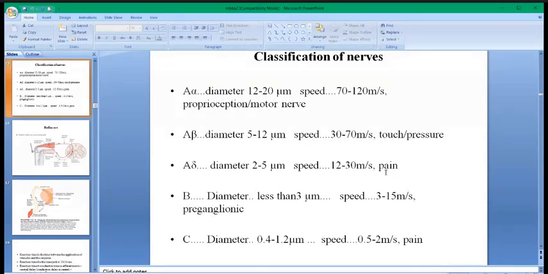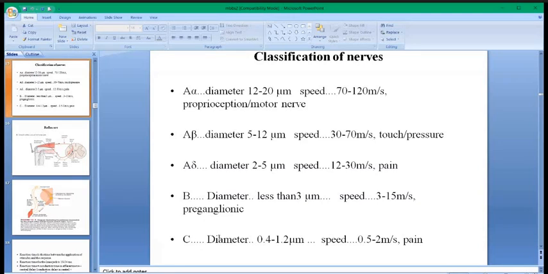It carries pain. Which pain? Fast pain, localized pain, right? B fiber, diameter is less than 3 micrometer, speed is lesser, 3 to 15 meter per second, and they are preganglionic nerves, autonomic nerves, right?